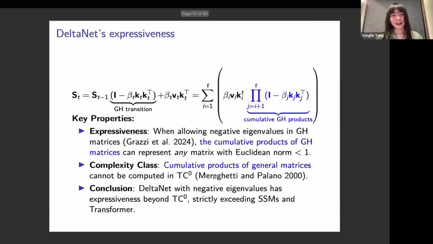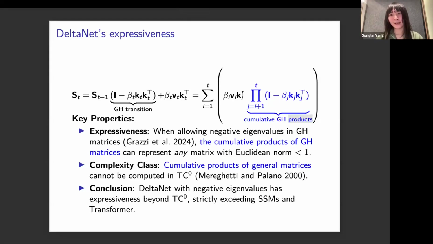And next, I have a very quick proof that DeltaNet's expressiveness is indeed beyond TC0. If we unroll this recurrence, we will have a cumulative product of these generalized Householder transition matrices.